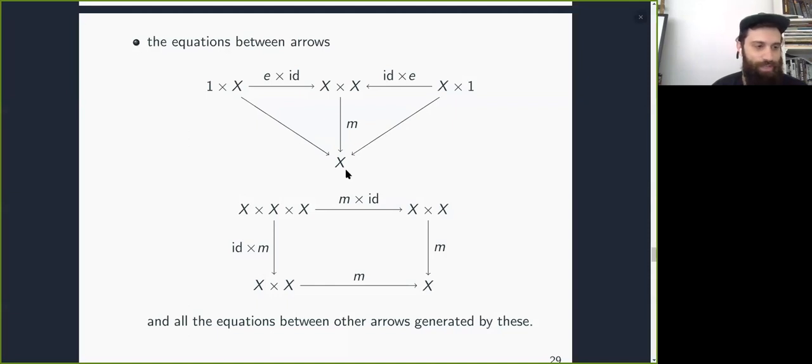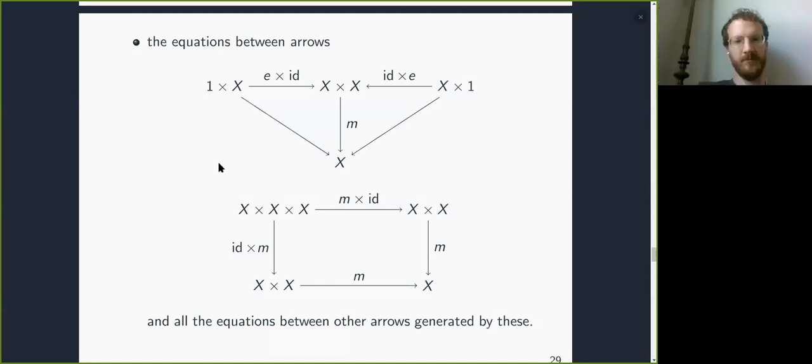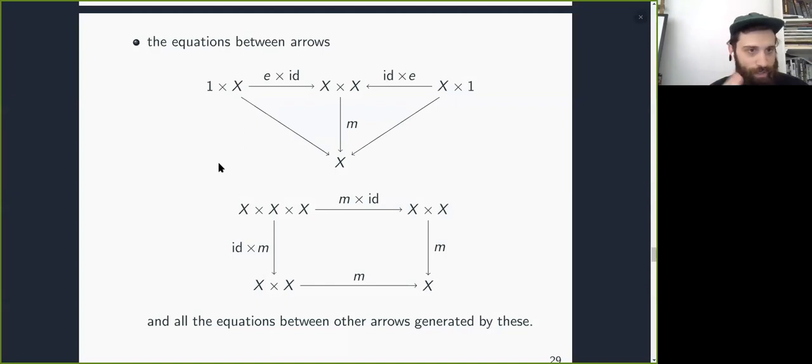An enriched category means that, when I talked about categories, between any two objects there's a set of arrows between them. In an enriched category, you're replacing that set of arrows with a different kind of mathematical object.